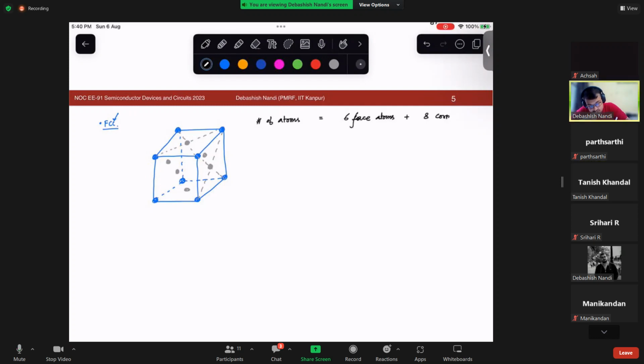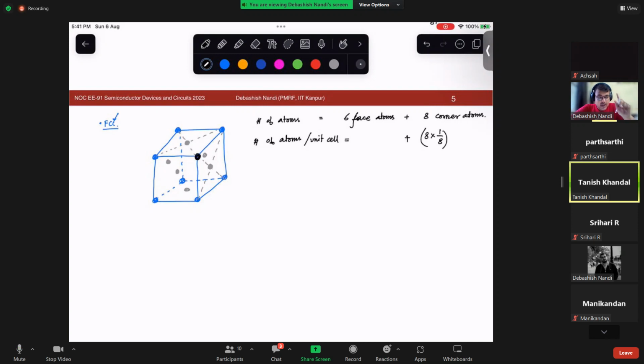Now for the number of atoms per unit cell, you need to take into account that one atom is shared between how many cubes, or how many unit cells. These 8 corner atoms are shared between 8 neighboring cubes, so for corner atoms the contribution is 1 atom in total.